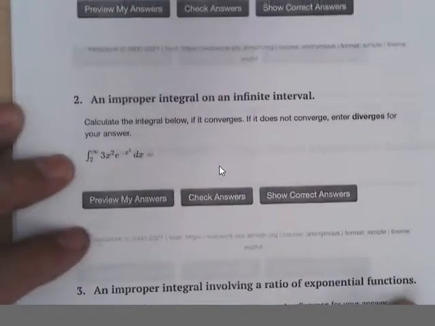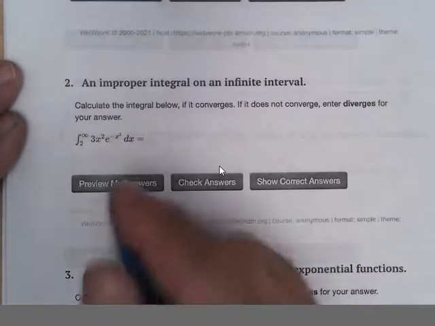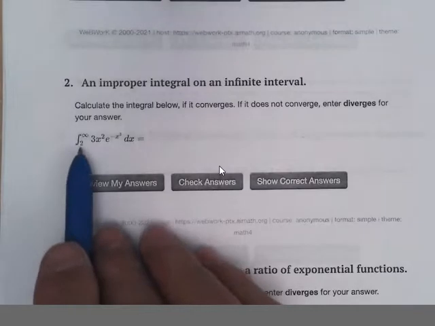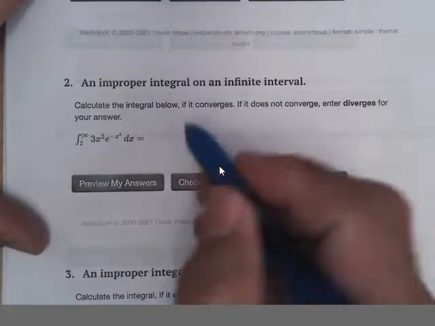Okay, number 2. That's kind of small. Hopefully you can see that. Looks like infinity is the problem here.